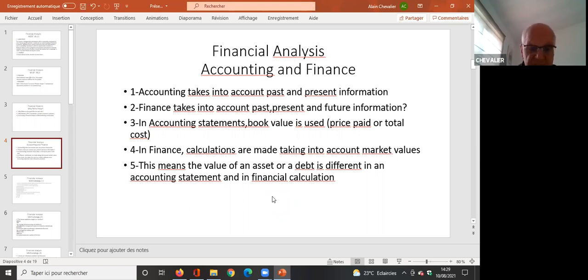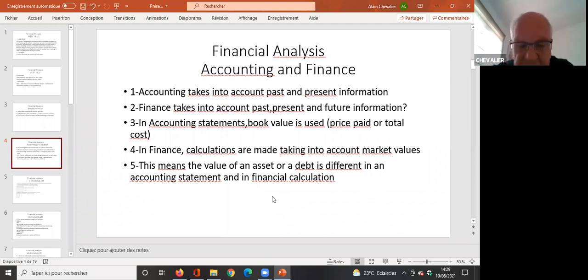So you have an equipment, and the equipment is used in the firm. In the balance sheet, the gross value is equal to the price paid without VAT, okay? But it is clear that on the secondary market, for example, the value of this equipment is not this element.